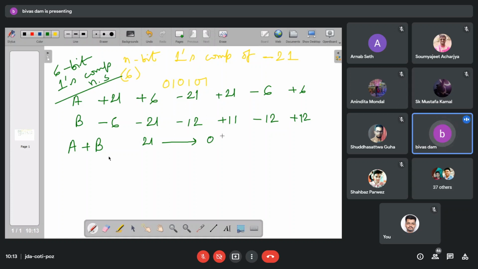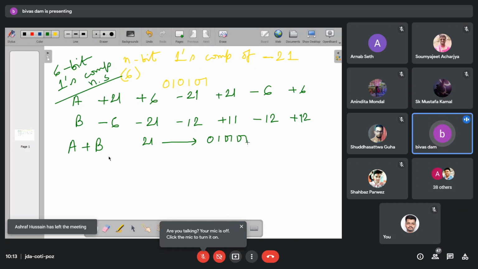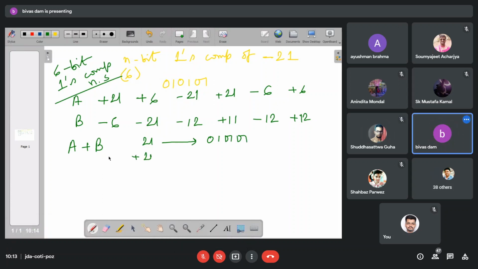That is, I think I have already got it. Now check whether the given number is originally positive or not. Is the given number originally positive? Yes, sir. So the plus 21 one's complement is the same pattern.